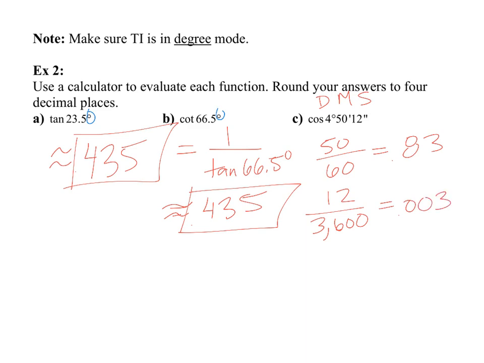Then I combine those together and I get cosine of 4.833. Plugging that in the calculator, that's approximately equal to 0.996. That's all there is to it, just using your calculator for these. Going on to the next example.